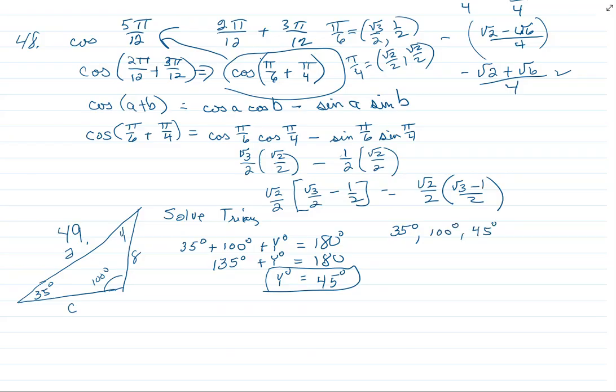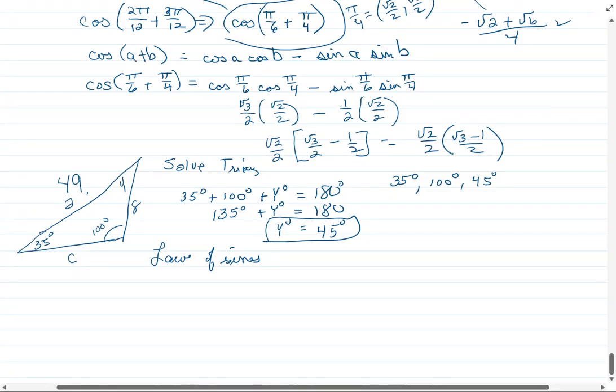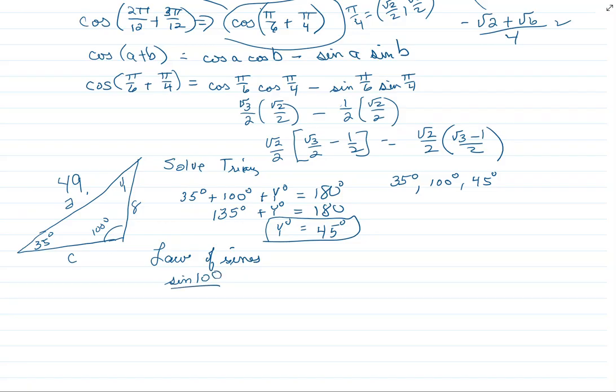Okay, so now we need all sides. I only have one side, so I can use the law of sines. Those are ratios. So I can have the sine of 100 is to A as the sine of 35 is to 8.